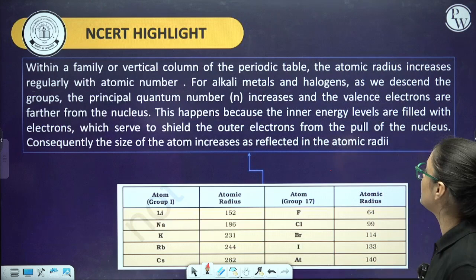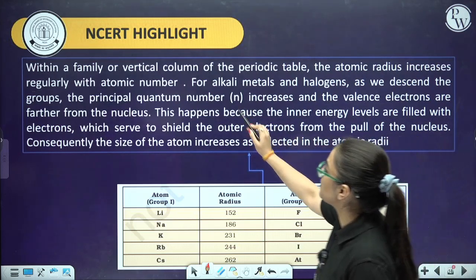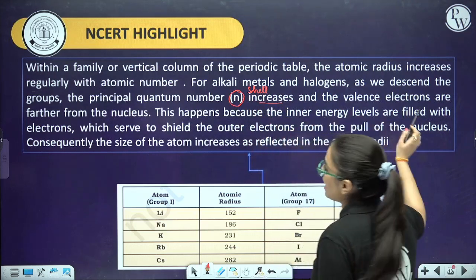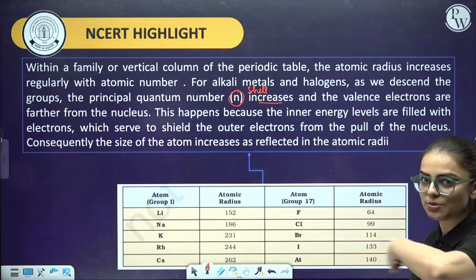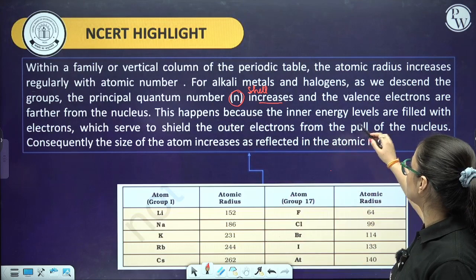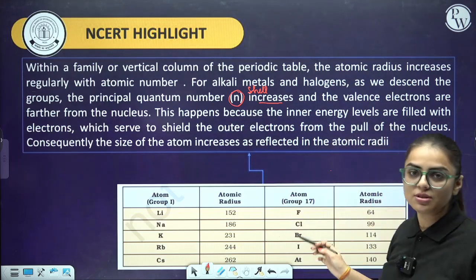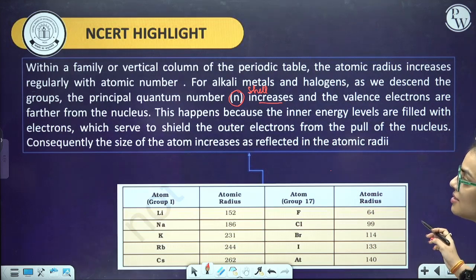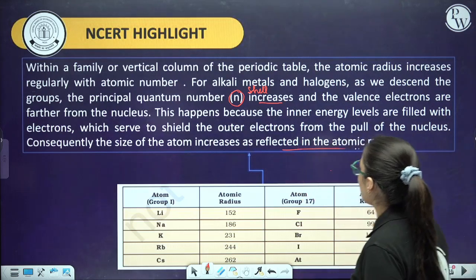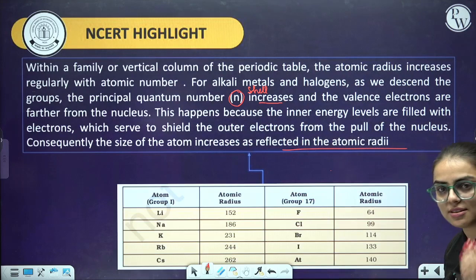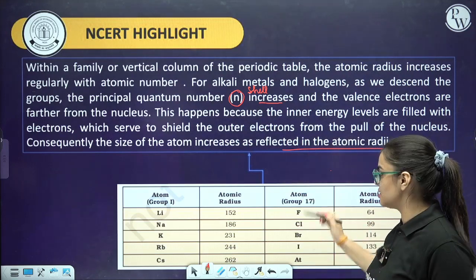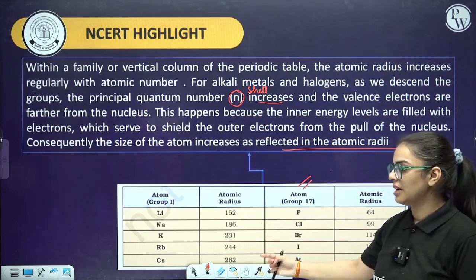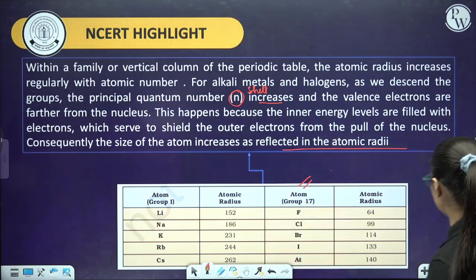In that case, the principal quantum number n, that means the shell value, increases, and the valence electrons are farther away from the nucleus because shells increase. This happens because the inner energy levels are filled with electrons, which serve to shield the outer electrons from the pull of the nucleus. Consequently, the size of the atom increases as reflected in the atomic radii, because shells increase, so distance increases, hence size increases. These are the values given in NCERT. You can clearly see that size is increasing. Clear, everyone?